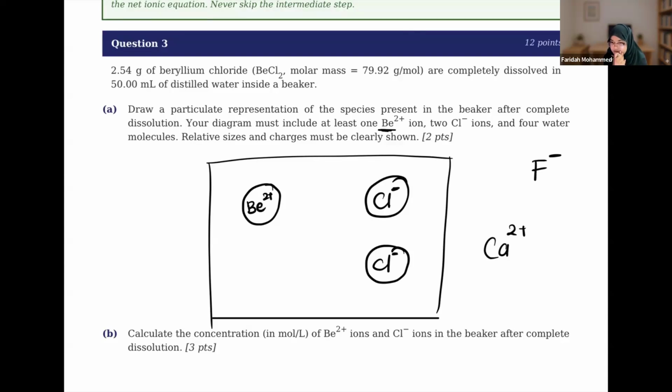Anyone? You guys participate. Which one is larger, calcium ion or fluoride? And reasoning as well.